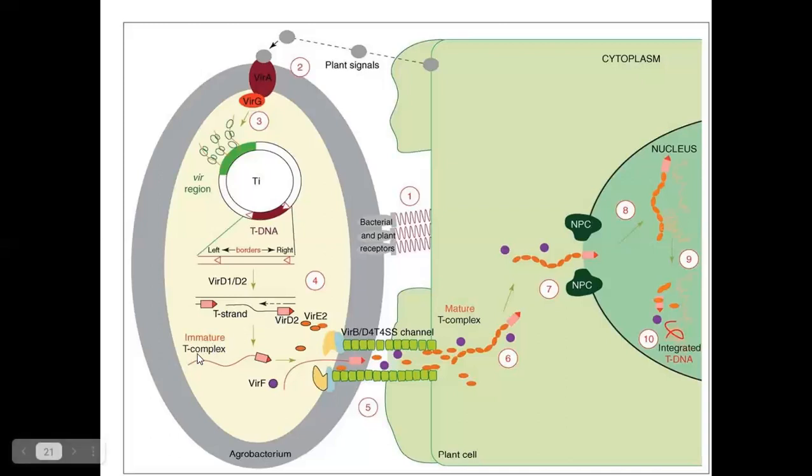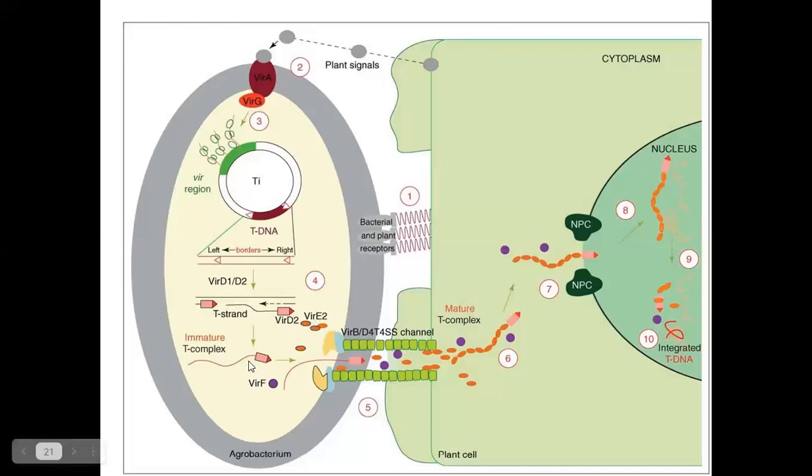The immature target mRNA complex is activated by virulent F protein, virulent D protein, and virulent E2 protein.